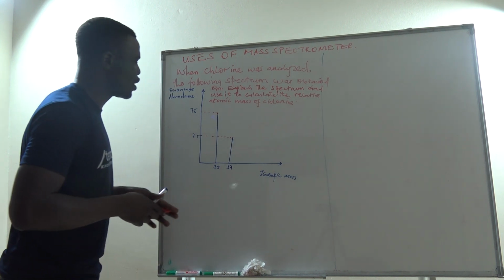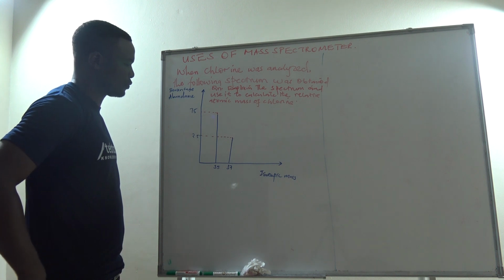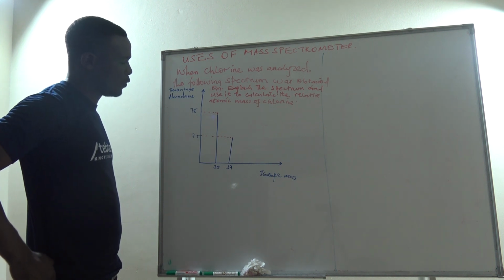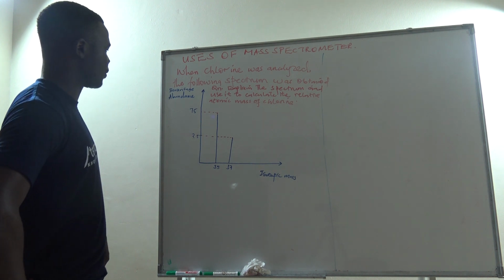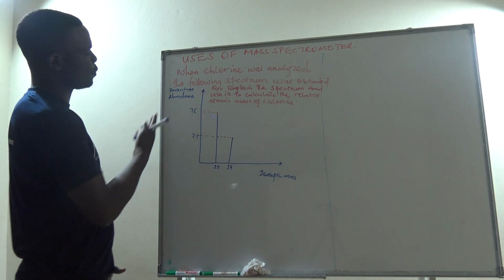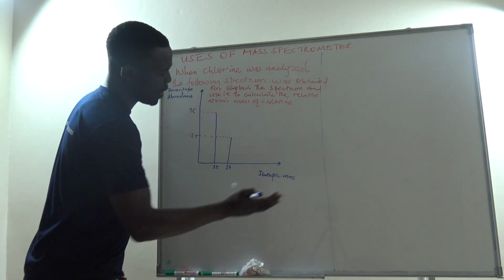How do we explain this spectrum? When you look at our spectrum or graph, it is a plot of percentage abundance against isotopic mass.